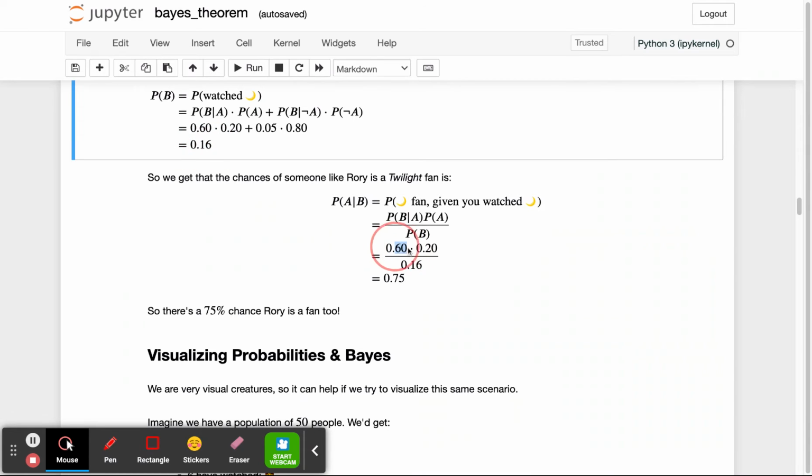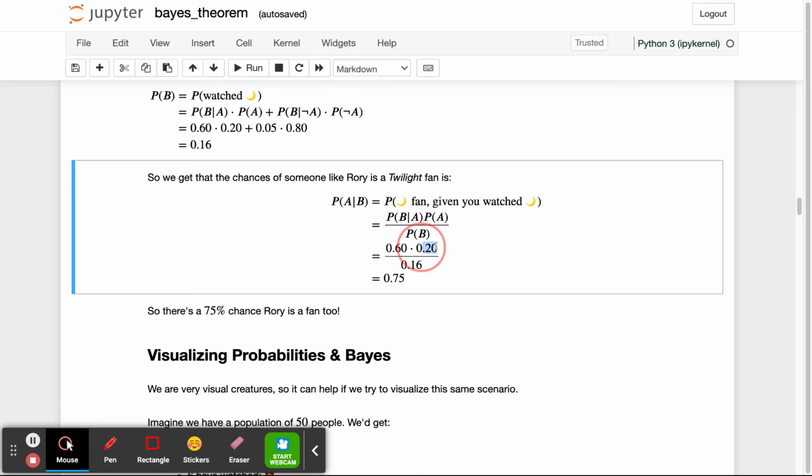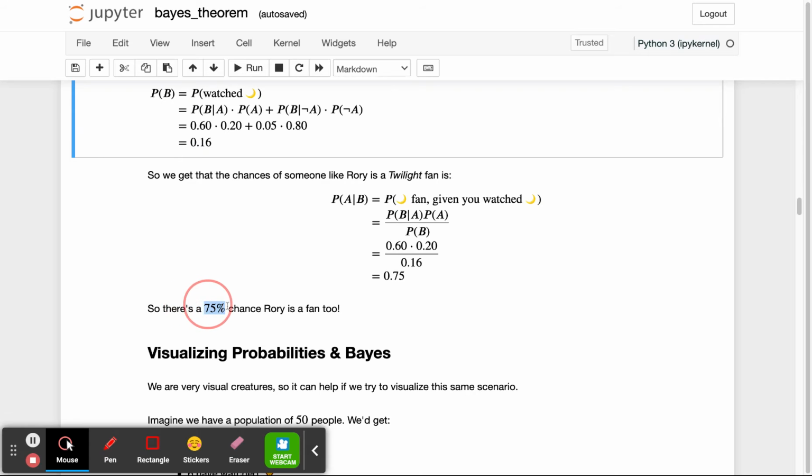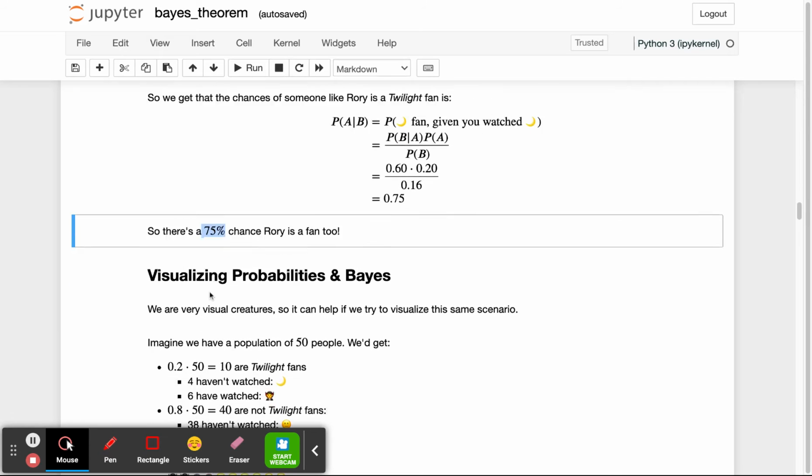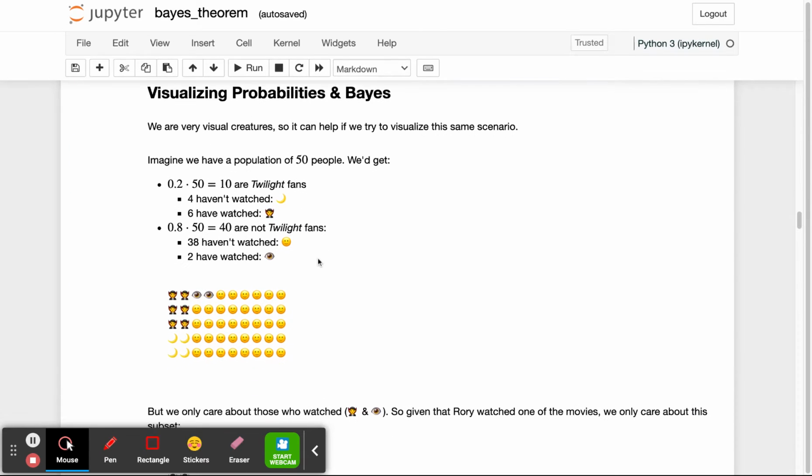So 0.6, the probability of watching given a fan, times 0.2, the probability of being a fan, divided by the probability of having watched a film. So we get that to be 0.75 or 75% chance that Rory is a fan.